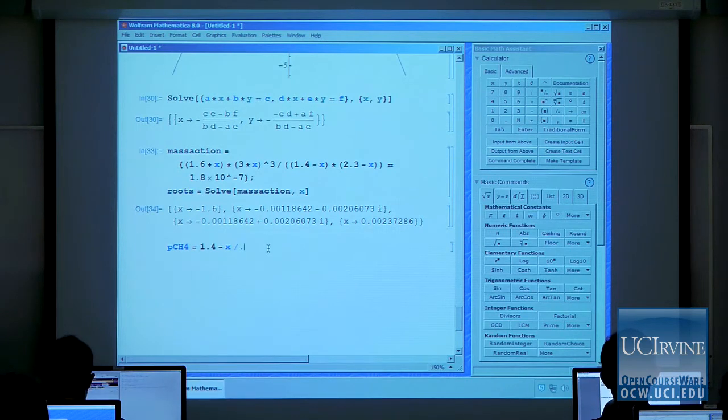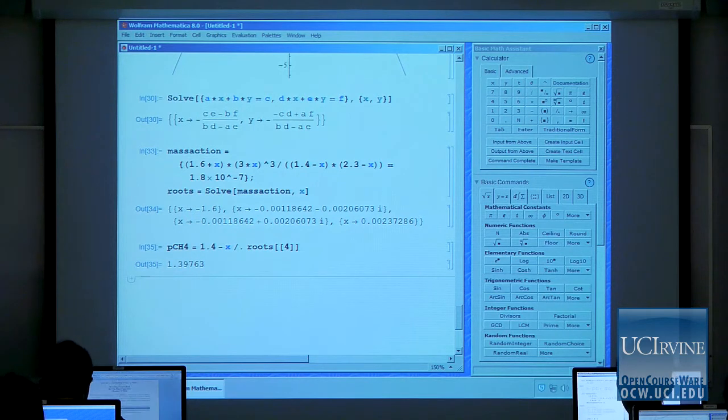And then down here, I say roots, the 4th element of the list of roots. Okay? And what that's going to do, it's going to grab that 4th root, and it's going to take off the x arrow and the curly brackets and just give me a number. Okay, so then I get 1.398763 atmospheres. Okay, and you could convert that to the correct significant figures.